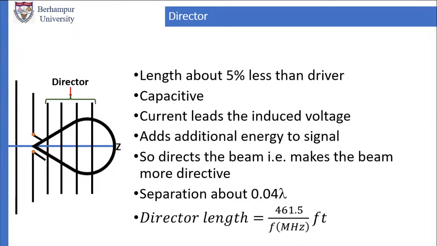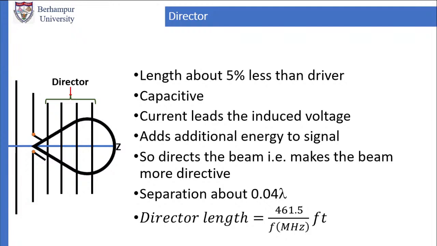So that is what we call adds additional energy, and since it becomes directive, we call it a director. The job of the directors is to direct the beam or make the beam more directive.